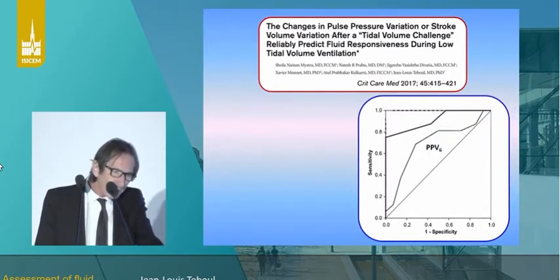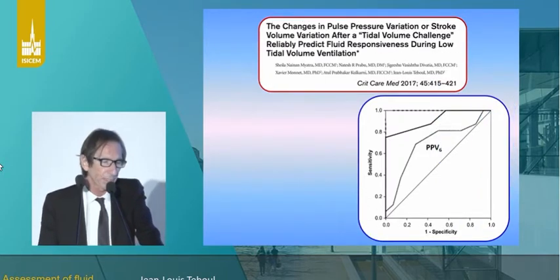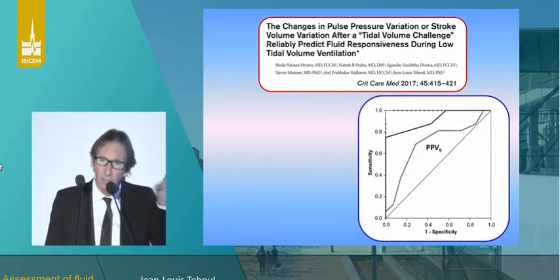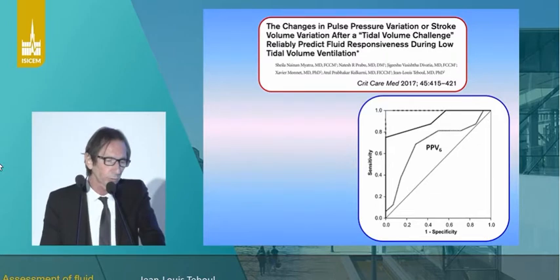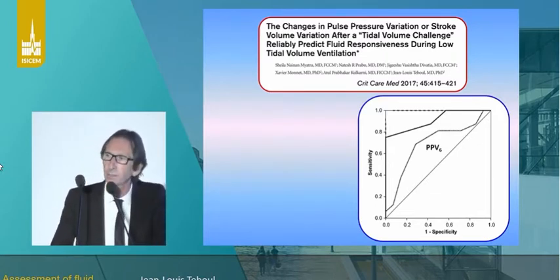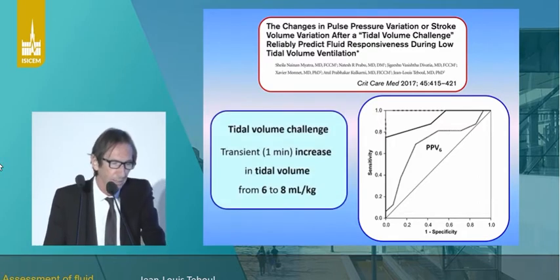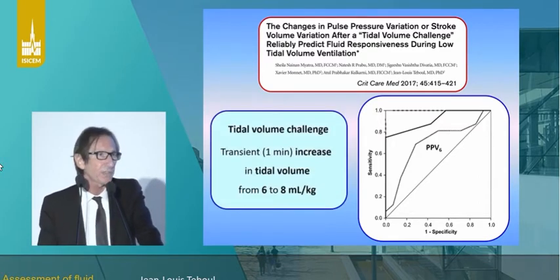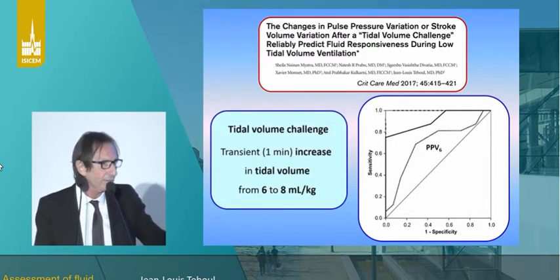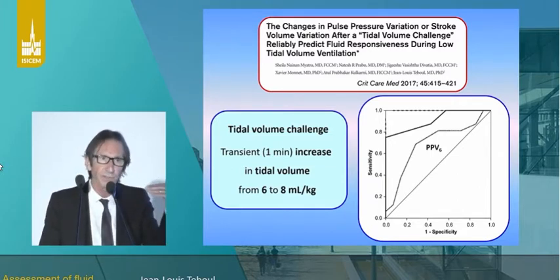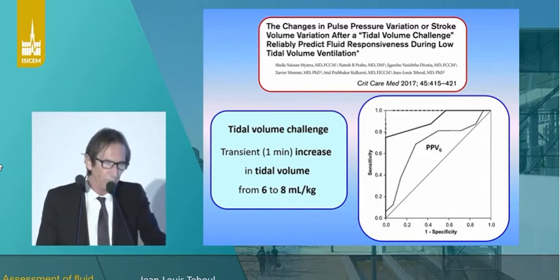More recently, with Sheila Malhotra from India, we confirmed that PPV measured at 6 ml per kilogram tidal volume is not predictive of fluid responsiveness, not enough if you want, but we propose to increase tidal volume from 6 to 8 ml per kilogram to look at the changes in pulse pressure variation just for 1 minute.